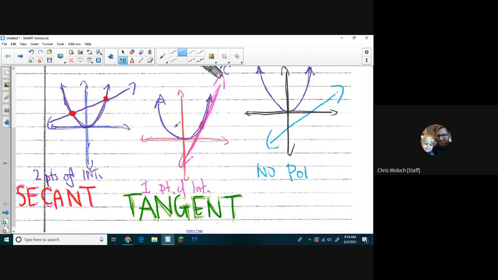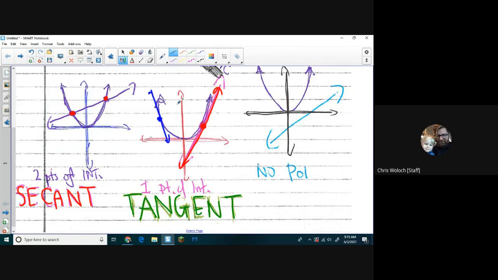So we can have a line that skims the quadratic, you know what I'm saying? So this would be the 1 point that it touches. Or I have a point here and it crosses there at 1 point.